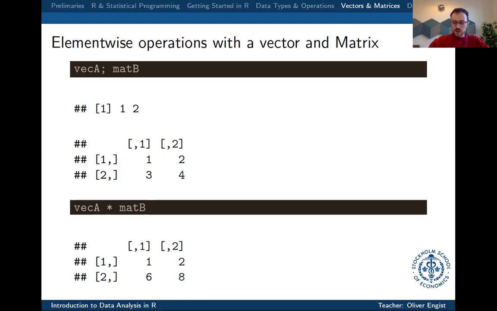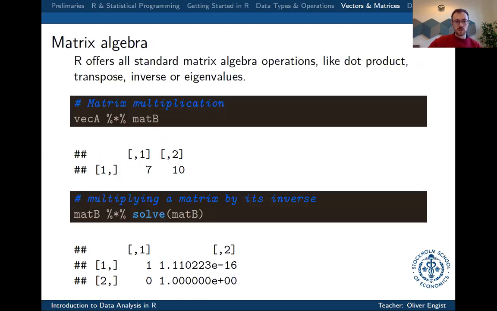If you know anything about linear algebra, multiplying a vector of length 2 and a matrix that is 2 by 2 will result in a vector of length 2 as well. It will not result in a 2 by 2 matrix. And you can see this here.